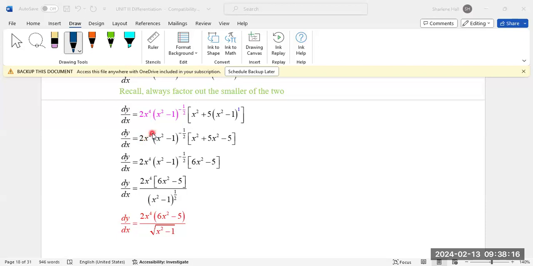Really, sir? Yes, sir, the one inside. Inside what? This one right here? Yes, sir. 1x squared plus 5x squared give me 6x squared.